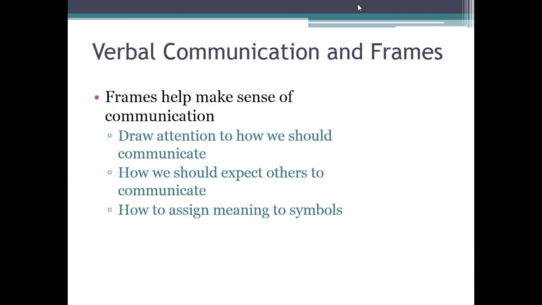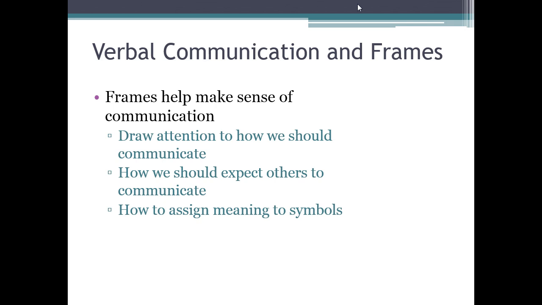And that helps us to know how we should communicate, because you can use certain words in an academic setting, or in a work setting, or if you're at a football game, all of the things that are talked about in all those three different areas. They are understood that that's where you're at, and that's how words should be defined. And so these frames help us to communicate in certain settings.